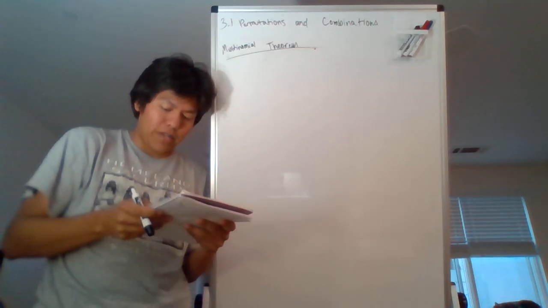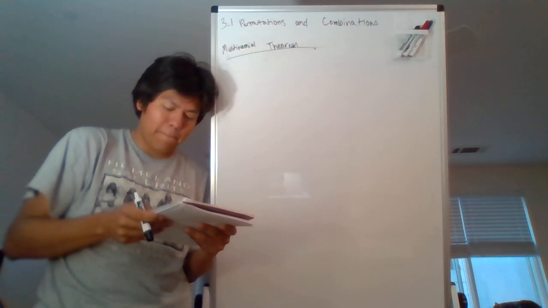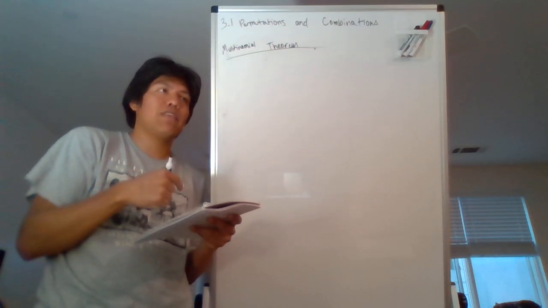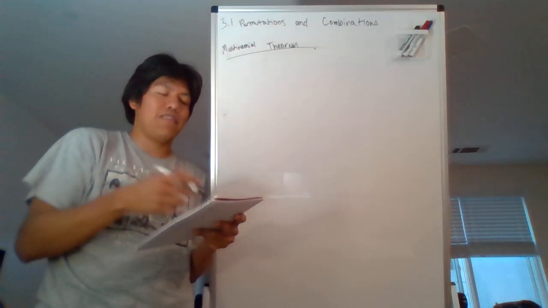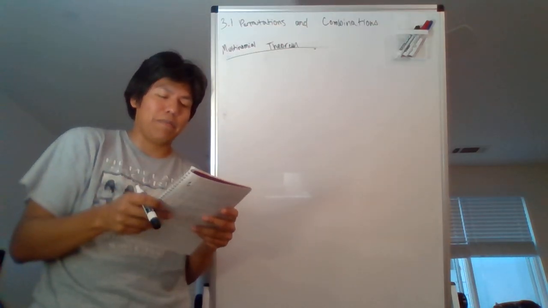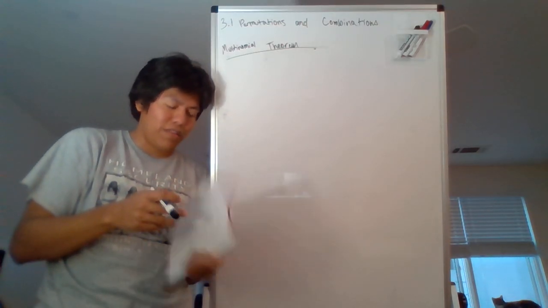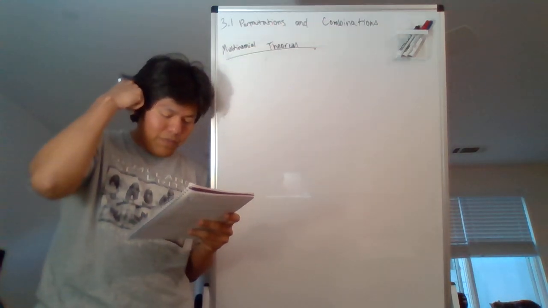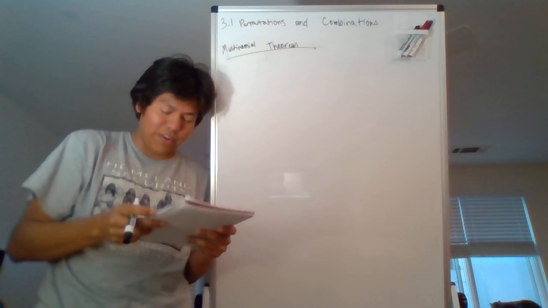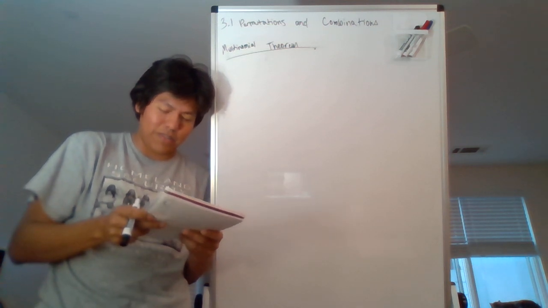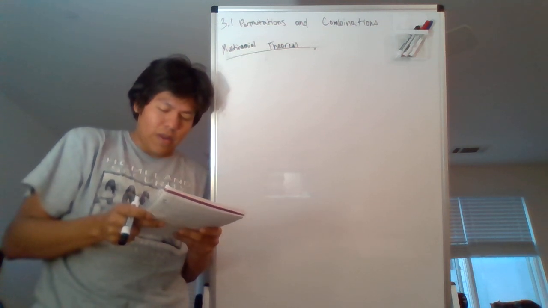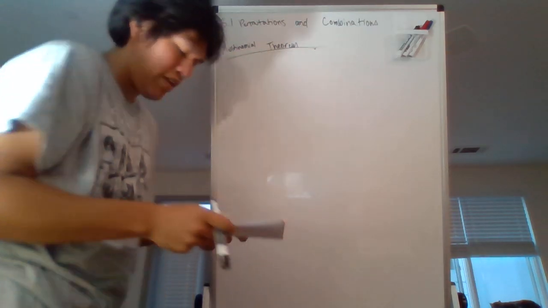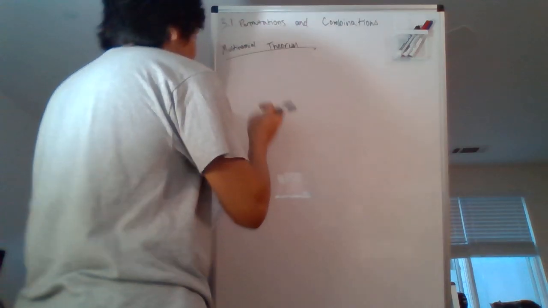This actually goes back to the types. So this involves different types of elements. Let me see if I can simplify or try to make it more understandable. Maybe I'll just write it out and start to explain.